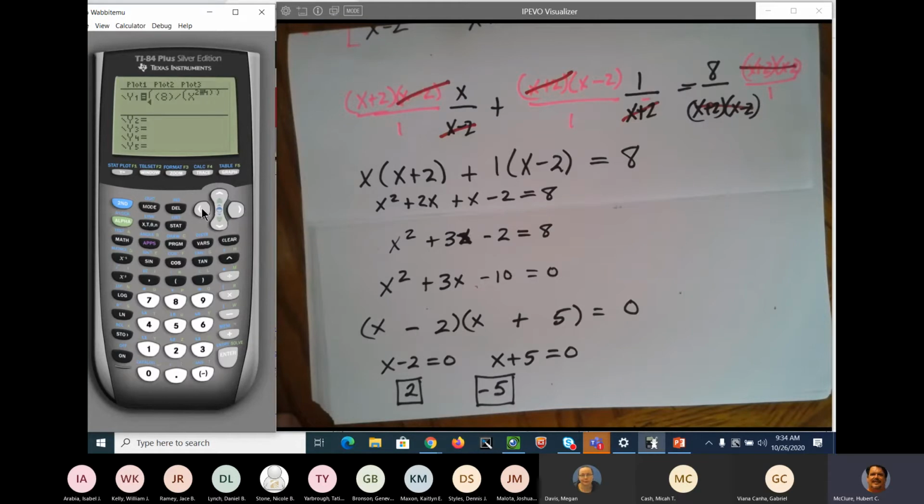Hold on. x squared. Really? x squared minus 4, close parentheses, and graph.